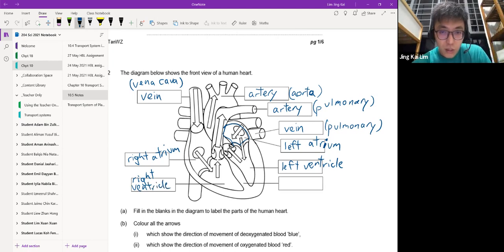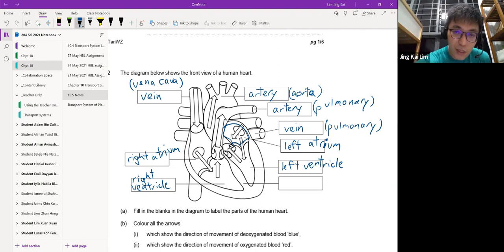Then after that, you pump out into the artery. So far, I think it's quite clear. In terms of the blood, there is whether it's oxygenated or deoxygenated.